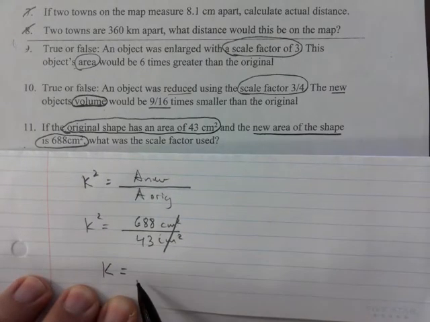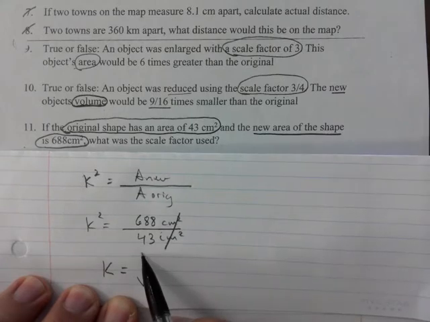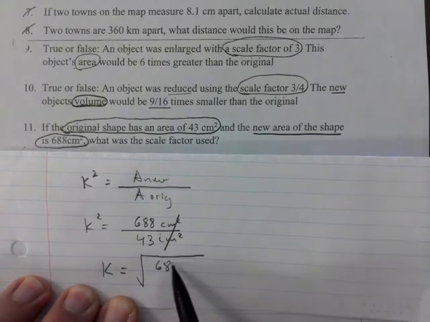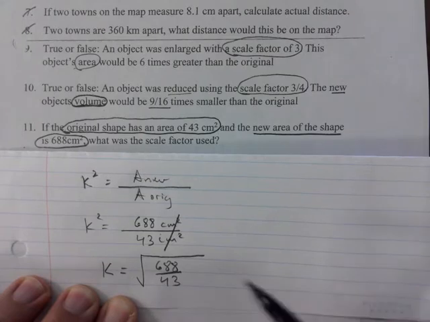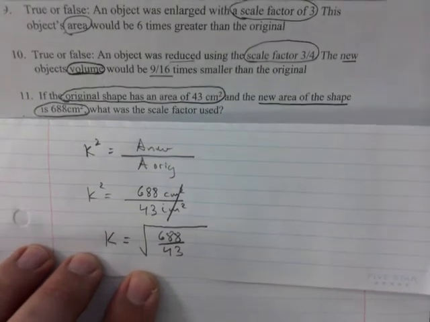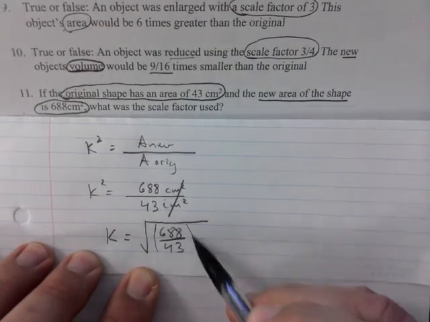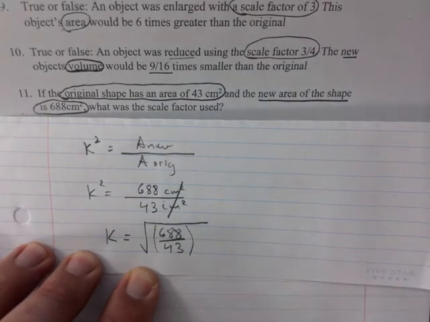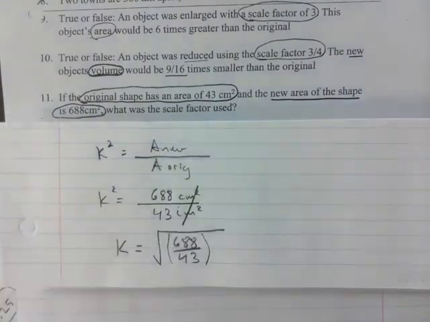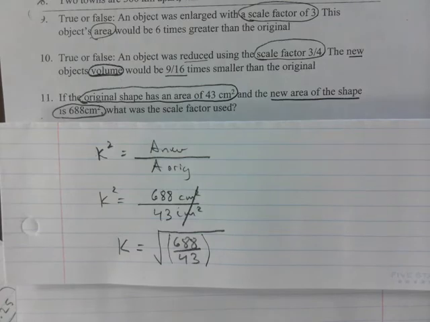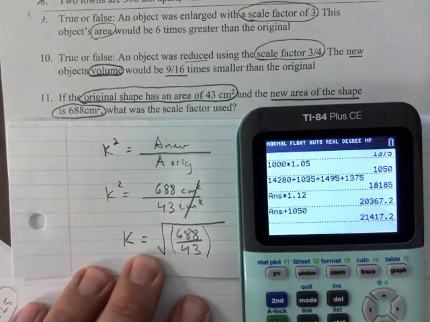To find k, what do I need to do? I need to square root this whole thing. And here I'm going to introduce a word of caution. You need to be careful how you type this into your calculator. Quite often the calculator catches it, but I will show you here. So you have 2 options.